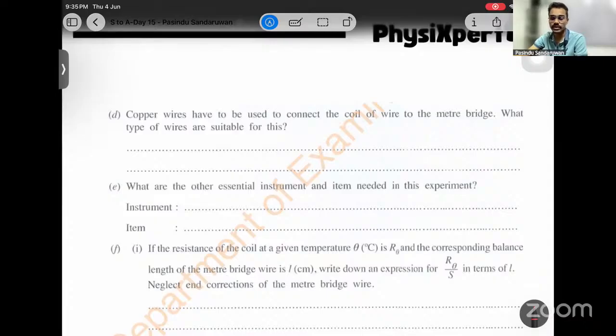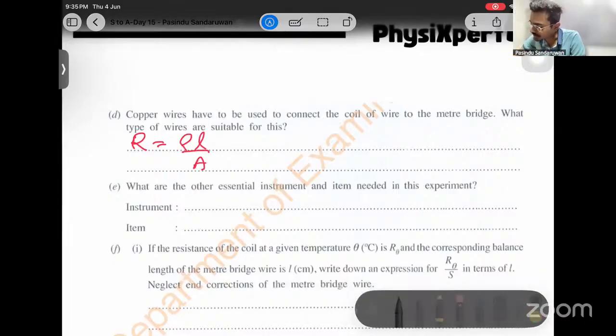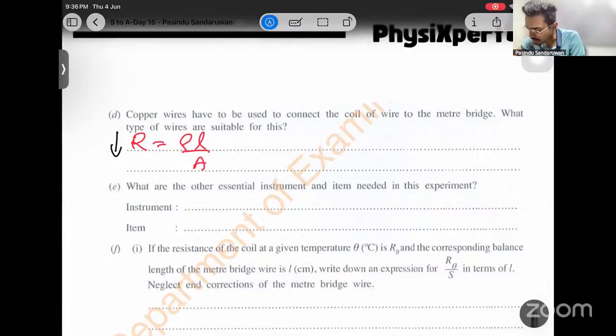R equals rho L over A. To minimize R, length should be minimized and area should be increased. So minimum resistance is with short and thick wires, and that is what we should use.